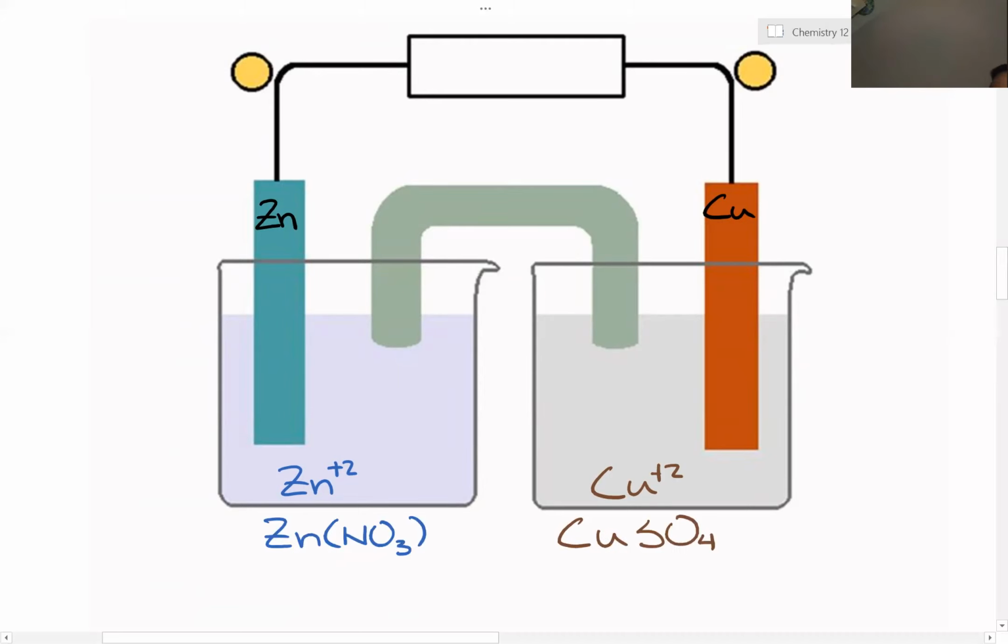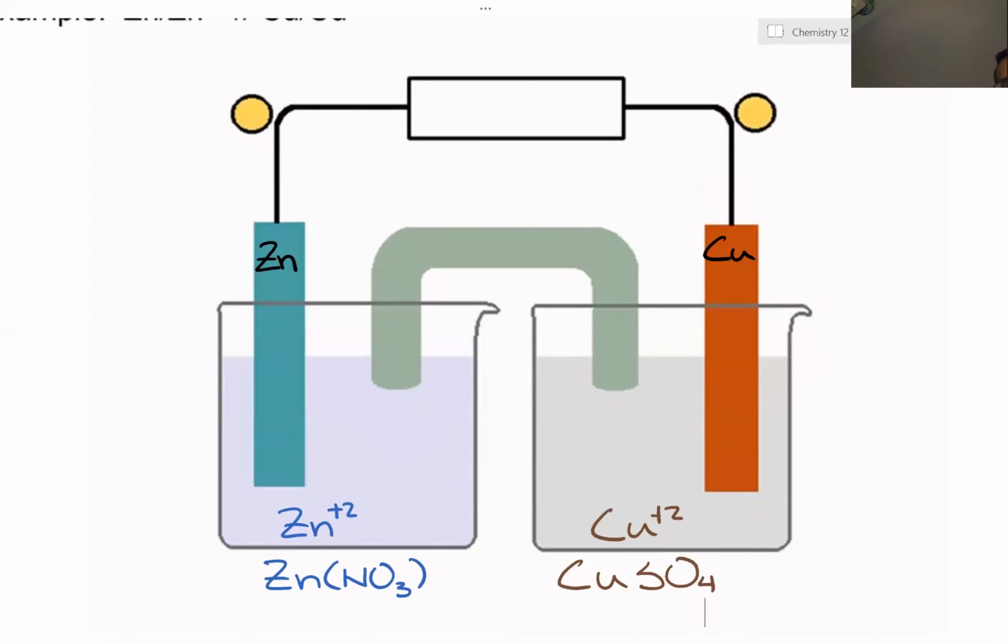Now, connecting the 2 solutions, remember, is my salt bridge. In this case, let's use sodium plus, chlorine minus 1. And then here, connecting the 2 electrodes is my wire.